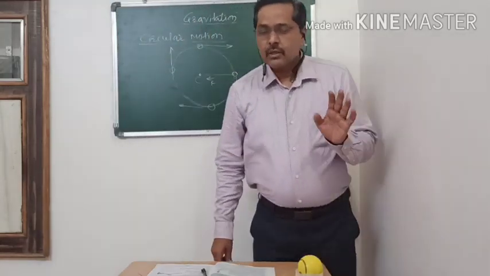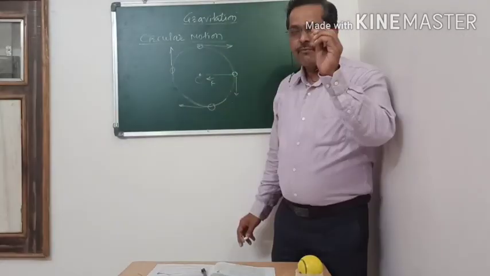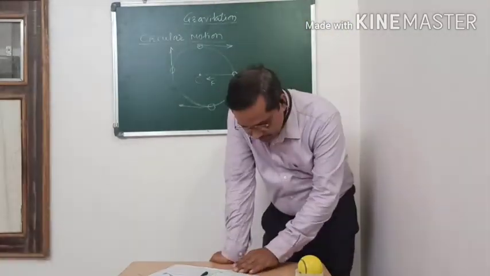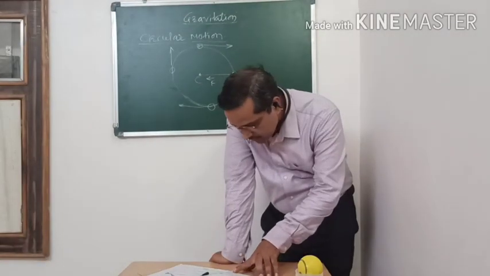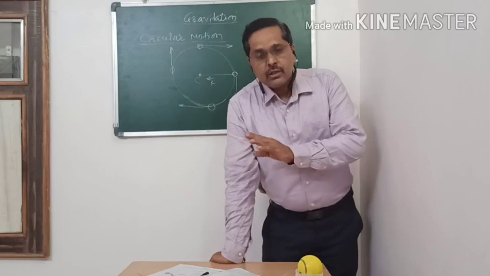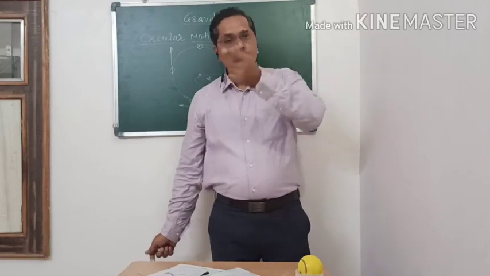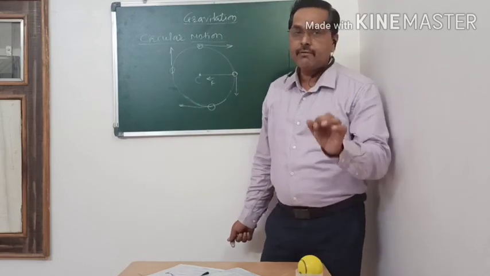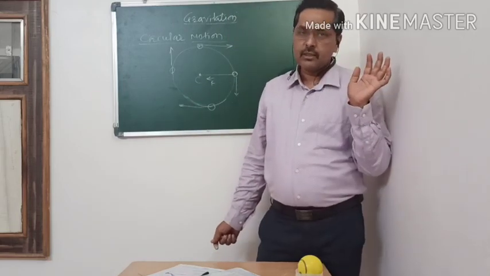One very interesting question is asked here in this book. Look, the moon moves in a circular path due to the force of attraction, that is the gravitational force of the Earth.